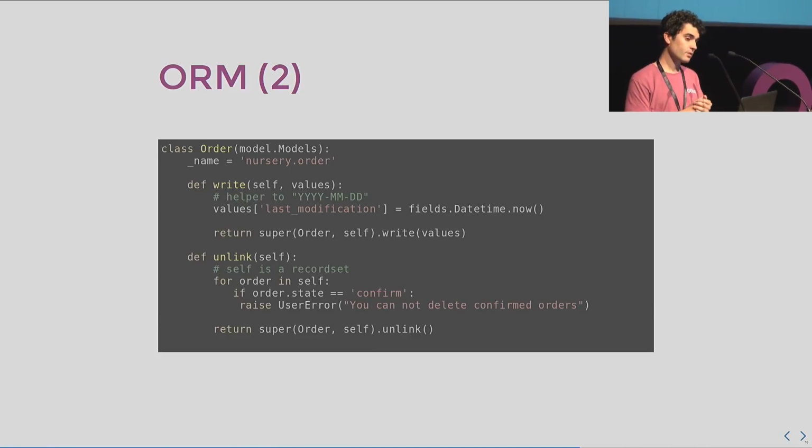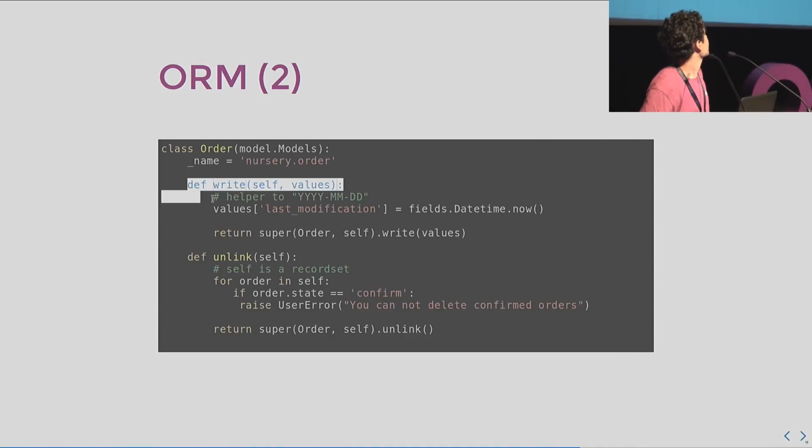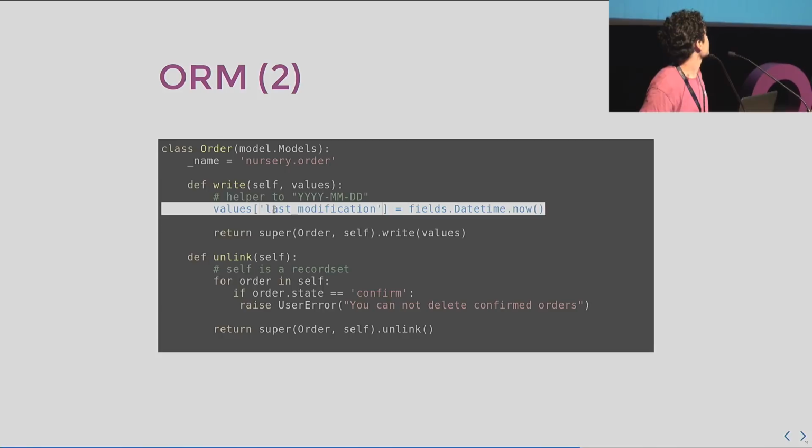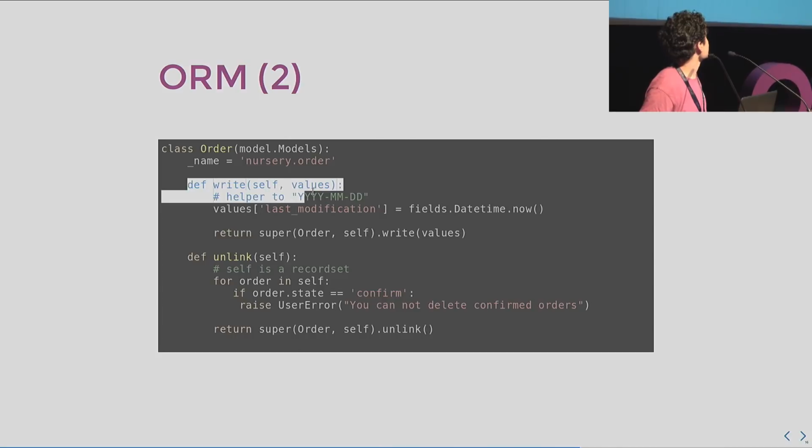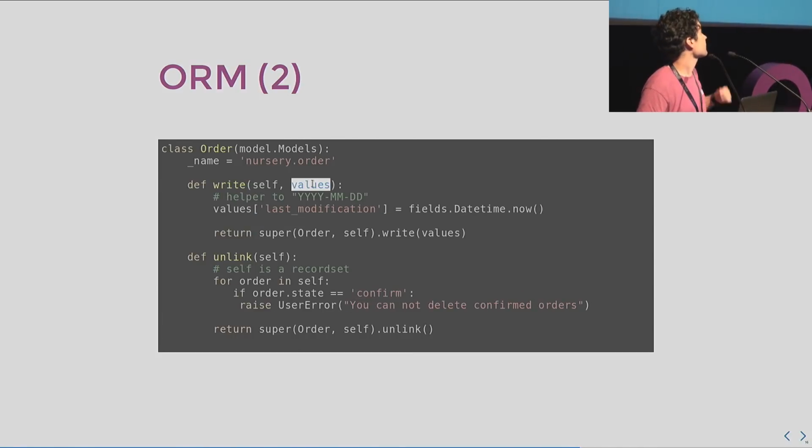So in these examples, let's modify the write method to add the modification date inside the field. When I access the write method, I have an attribute values. This is a dictionary that contains all the values that are modified through the interface.